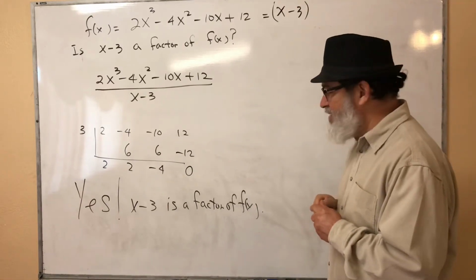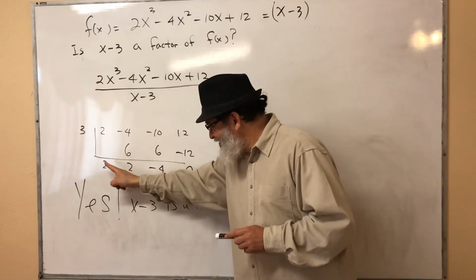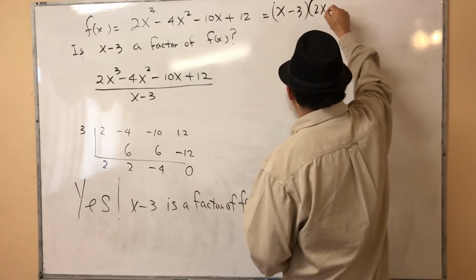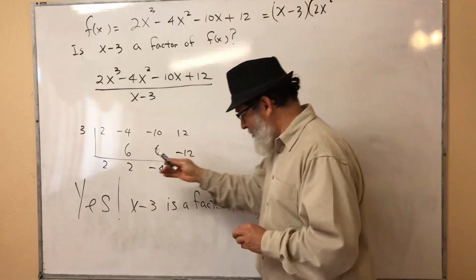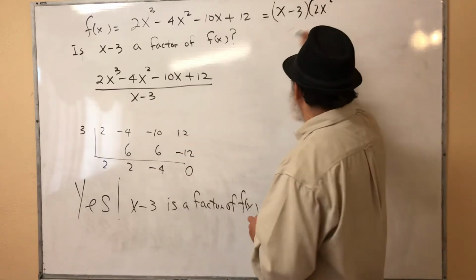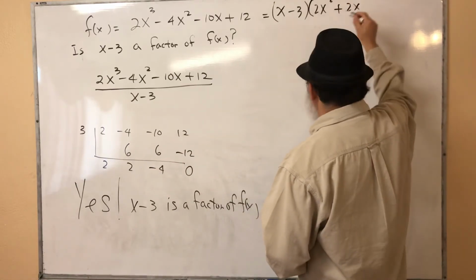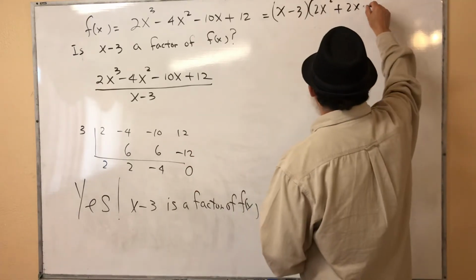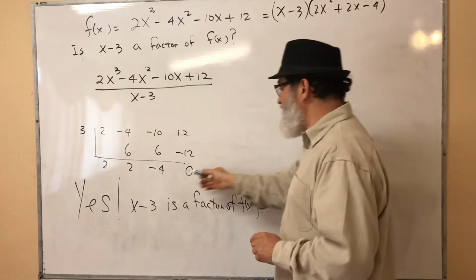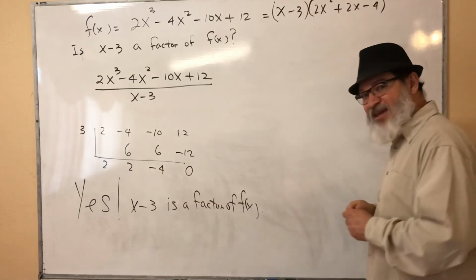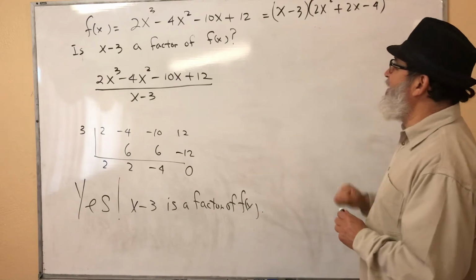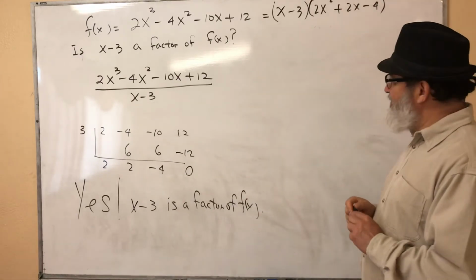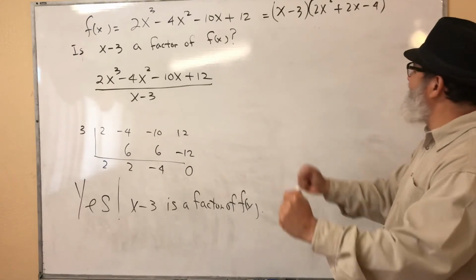Times 2x squared plus 2x minus 4. Notice I'm using the answer. And look at that. So we have factored f of x.